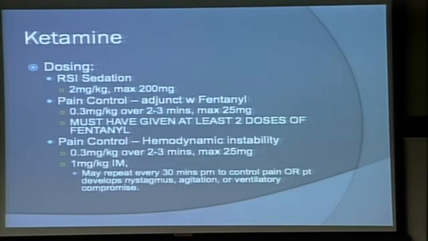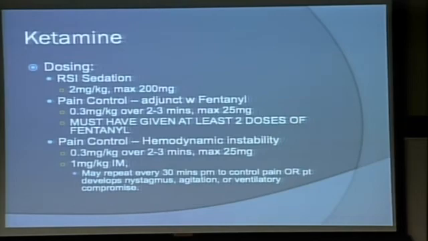Now, pain control, if there's hemodynamic instability, in other words, shock. If they're in shock, I don't like them to get a lot of fentanyl. Drops your pressure. And Versed drops your pressure, if you're hemodynamically unstable already.